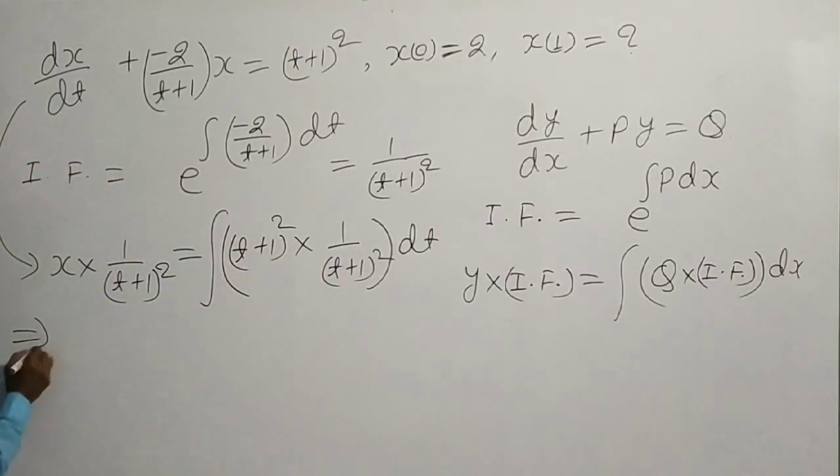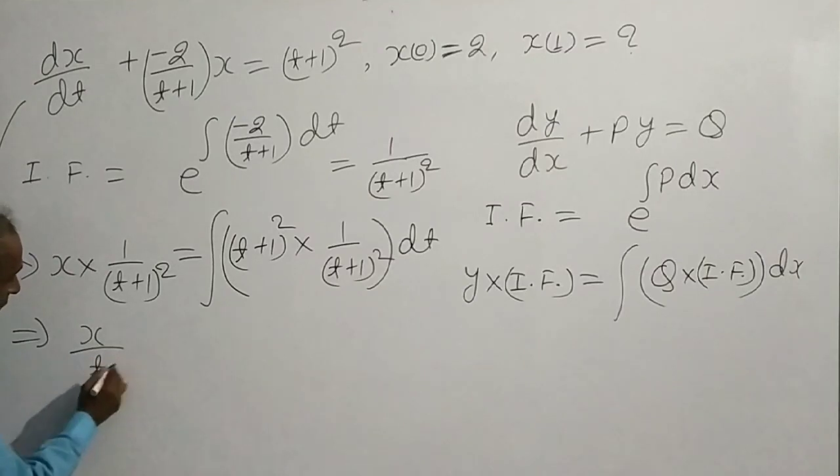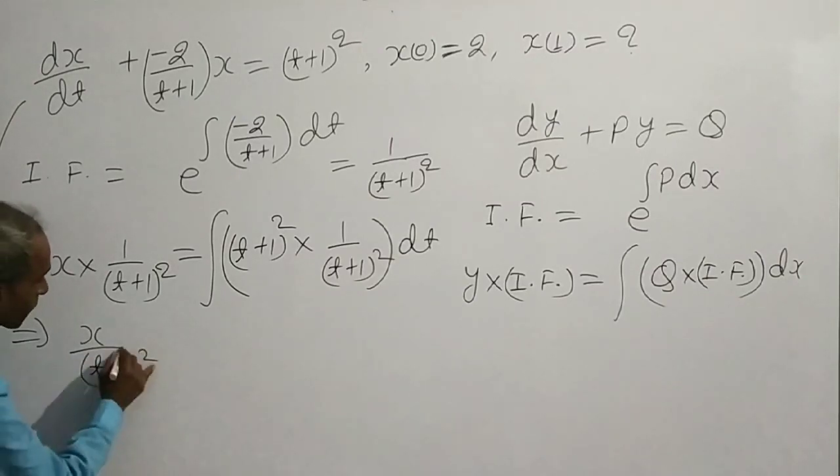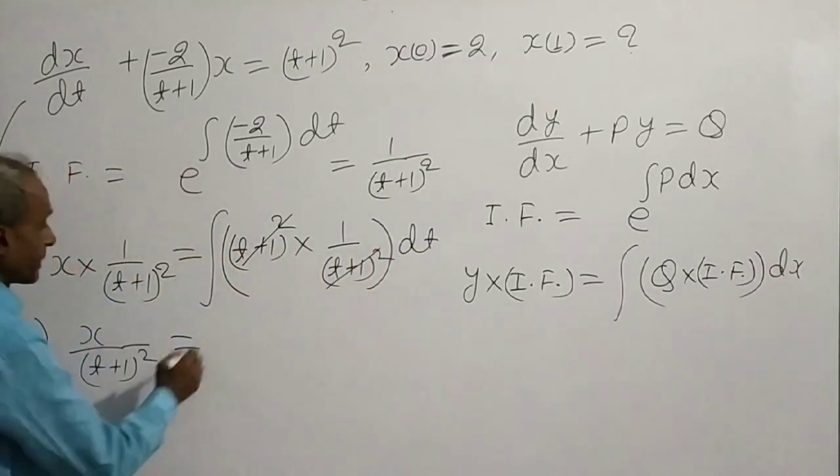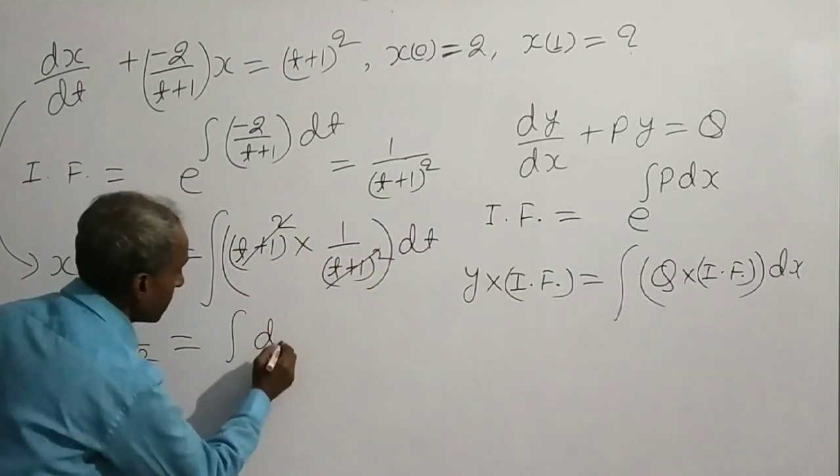This implies x by t plus 1 square is equal to this, and this will be cancelled out, and here will be left dt.